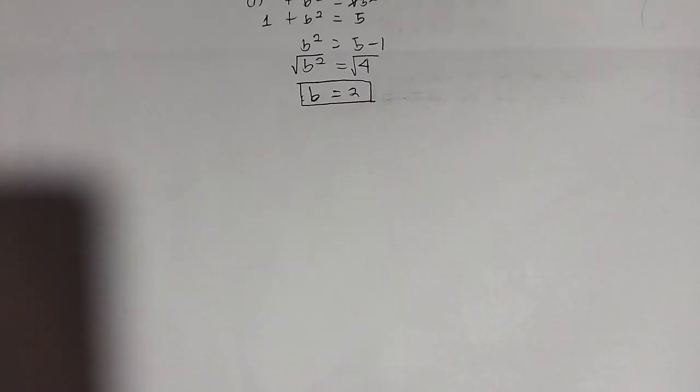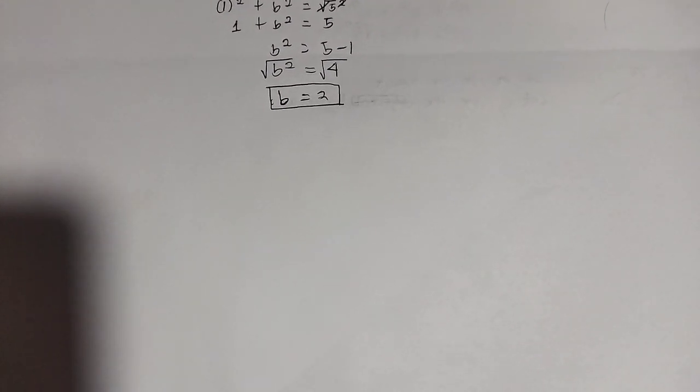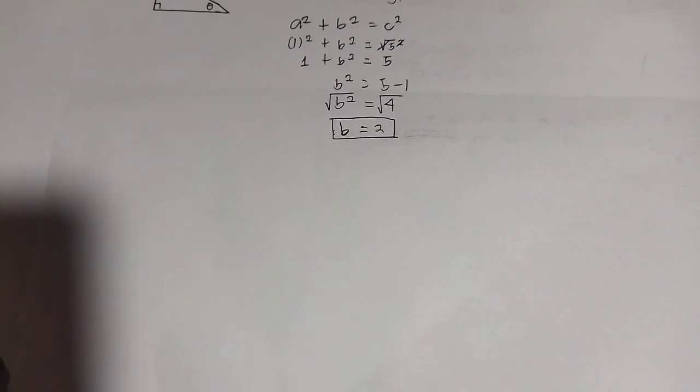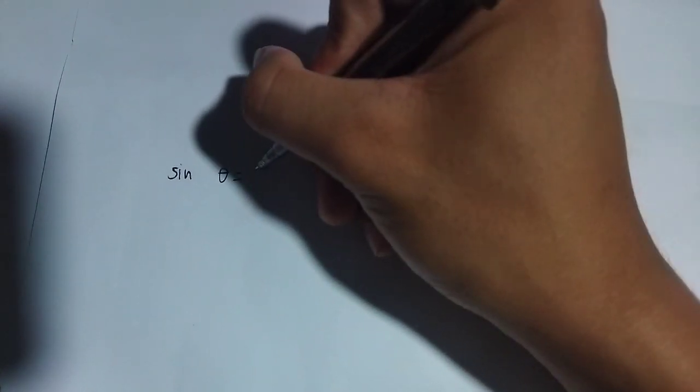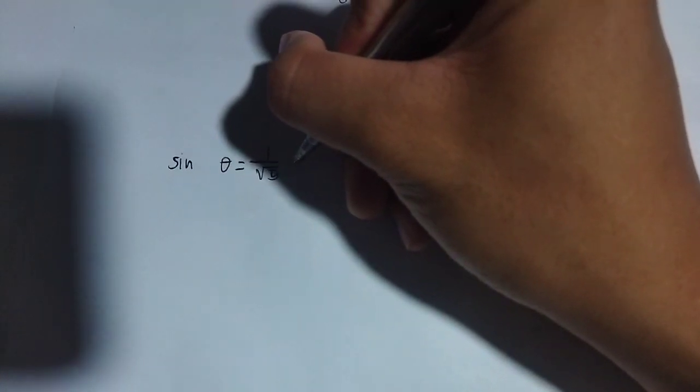Then next, let's find the value of the 6 trigonometric functions. So first, we have sine theta is equal to 1 over square root of 5. Then rationalize.